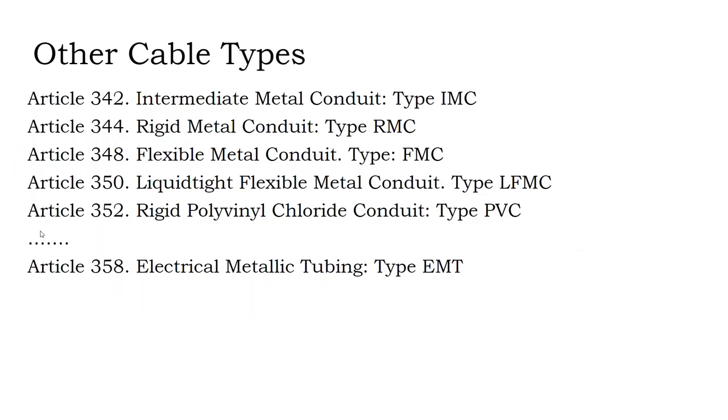Wrapping up our cable discussion, some other types of cable. There's intermediate metal conduit, which is a little bit stronger than EMT conduit. Then there's rigid conduit. Rigid is pretty common to be waterproof and watertight, whereas EMT, metal stuff, is used indoors pretty frequently where you're already in a dry environment.